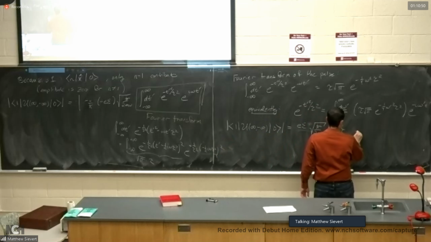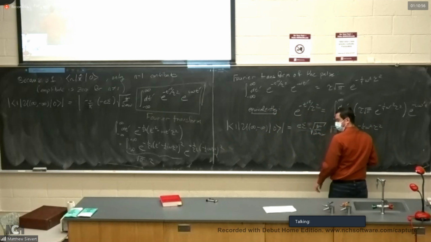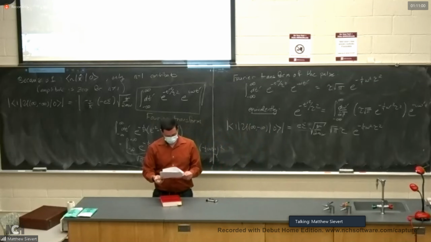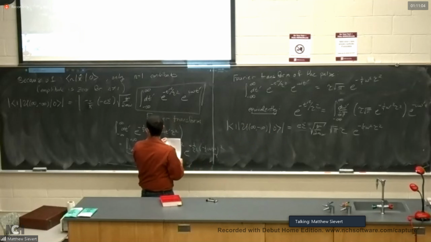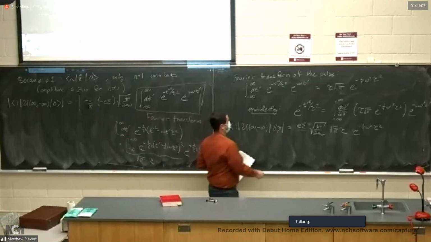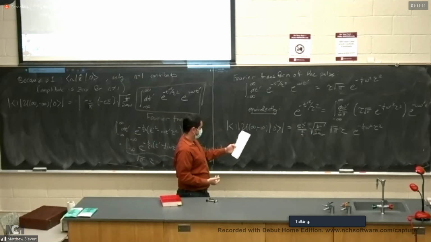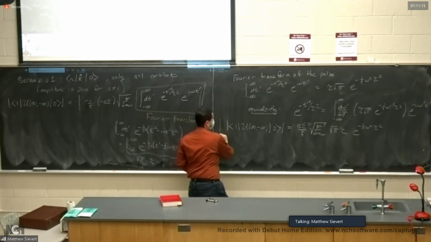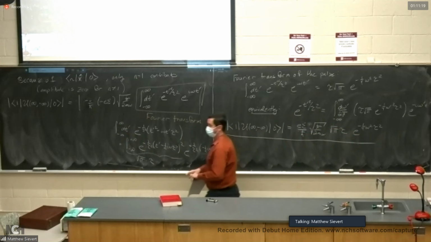And then I have e to the minus 1/4 omega squared tau squared. Make sure I didn't drop any factors. There was a 1 over h bar. Yes, this 1 over h bar. Okay, very good. So this is my transition amplitude aside from those ill-defined phases at the very front and the very back.